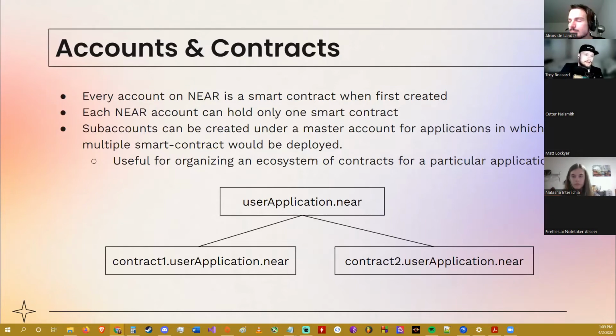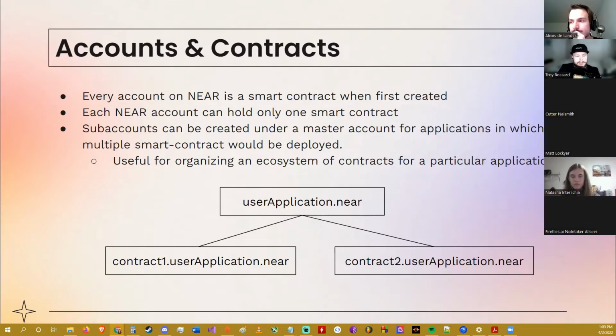So every account on Near is a smart contract when it's first created. Each Near account can only hold one smart contract, and sub-accounts, as we mentioned, can be created under master accounts for applications in which multiple smart contracts would be deployed. So this can be useful for organizing an ecosystem of contracts for a particular application.